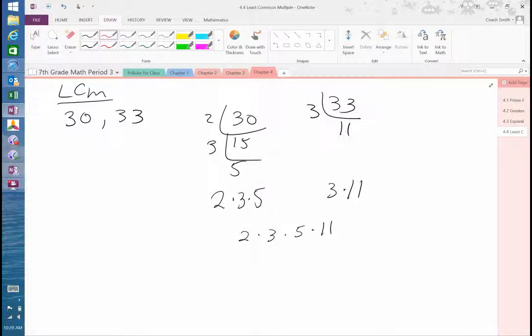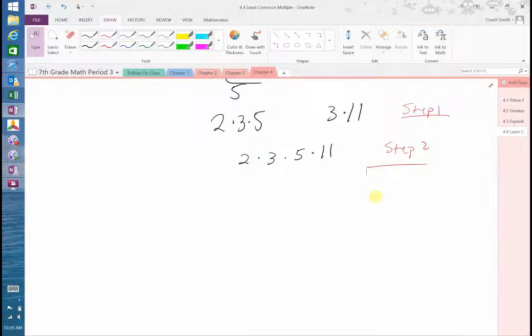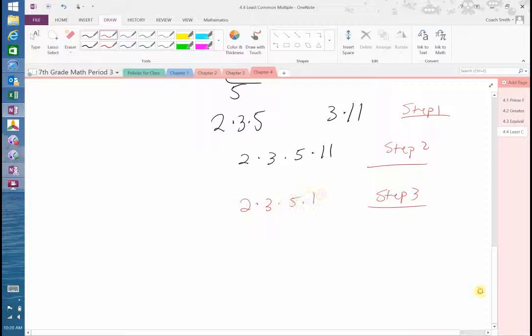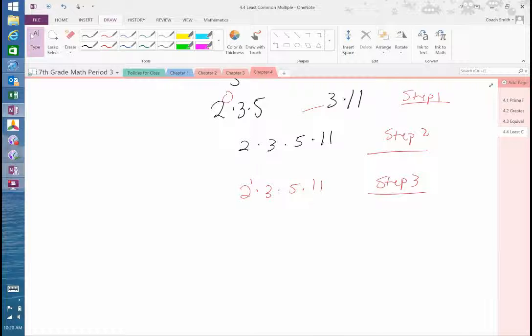So once again, this is step 1, step 2, step 3 is we find the greatest power of each one. So I have 2 times 3 times 5 times 11. I have 2 to the first, no 2, so I got to use 2 to the first. I have 3 to the first and 3 to the first, so I got to use 3 to the first. You will notice I did not use 3 to the second. I am not putting exponents together.